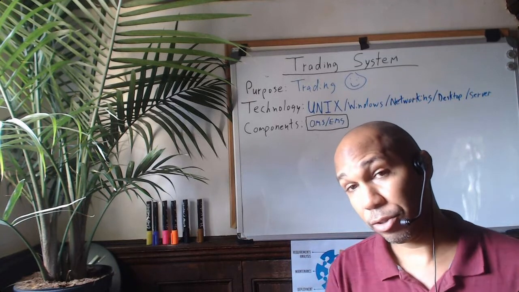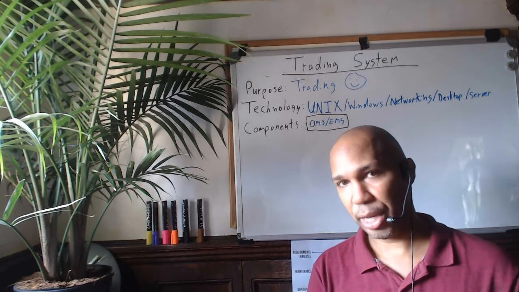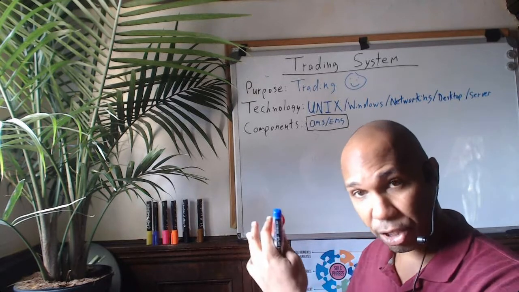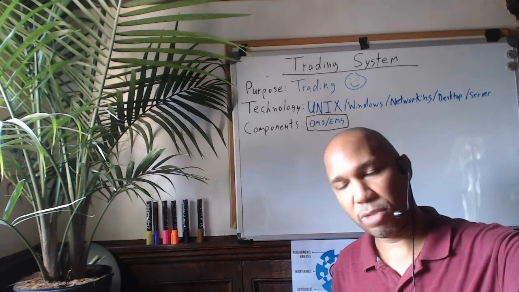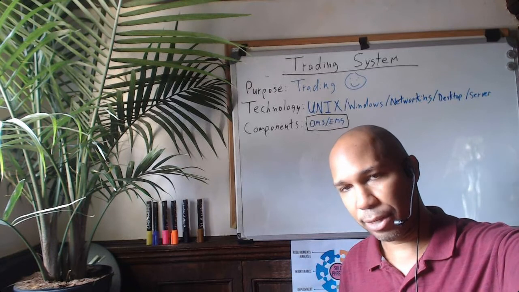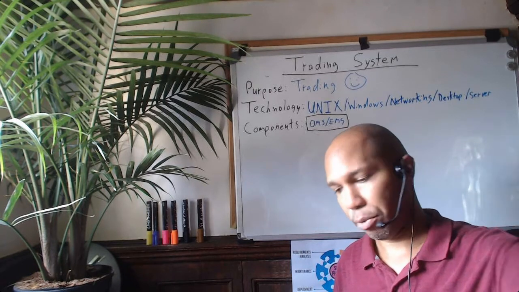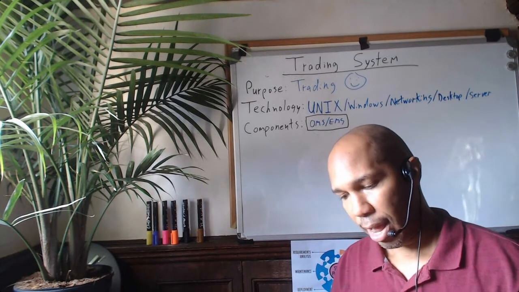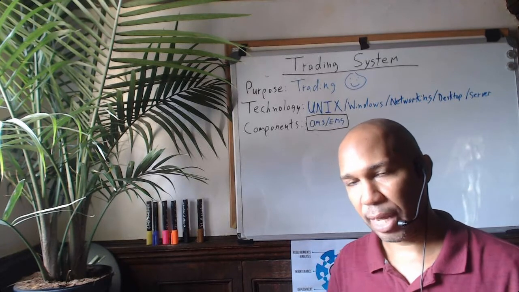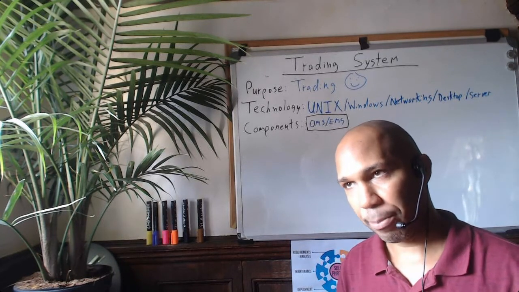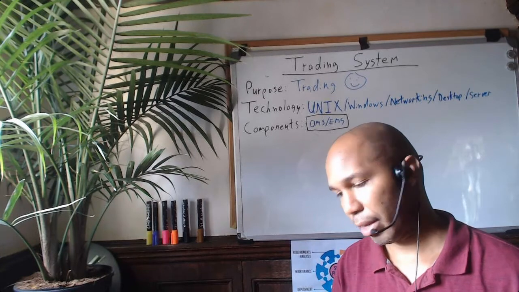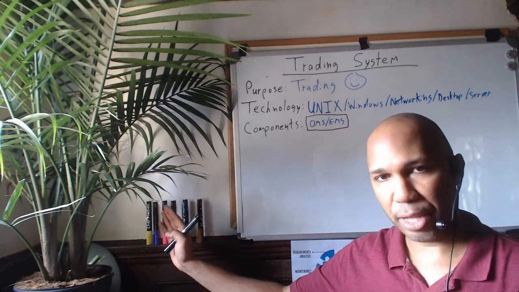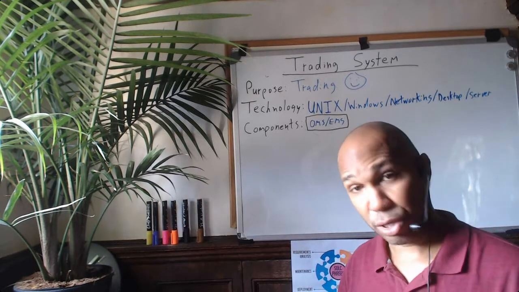Parent is sort of the master order that comes in, and then we have the child orders that get generated. So I have a client that sends me an order to buy a certain amount of Apple, for example, and I can take pieces of that order and break it up. Let's say 1,000 shares of Apple, I can send 500 shares to one venue, another 500 shares to another venue.